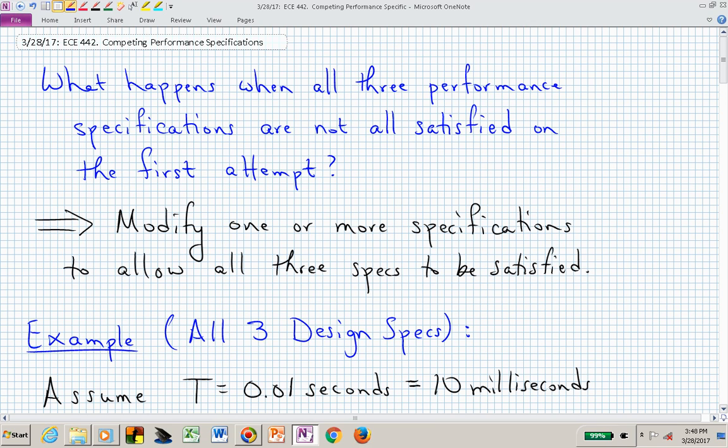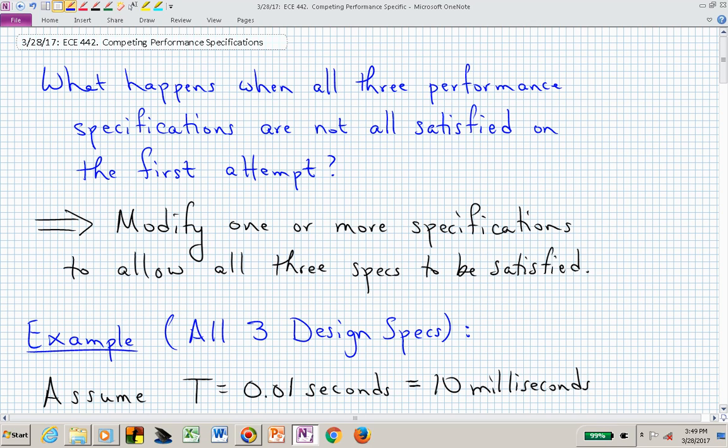Today's segment I'm entitling Competing Performance Specifications, and by that I mean what do we do if we have several performance specifications for our discrete time system that maybe on first calculation don't give us exactly a simultaneous solution that satisfies all three performance specifications?